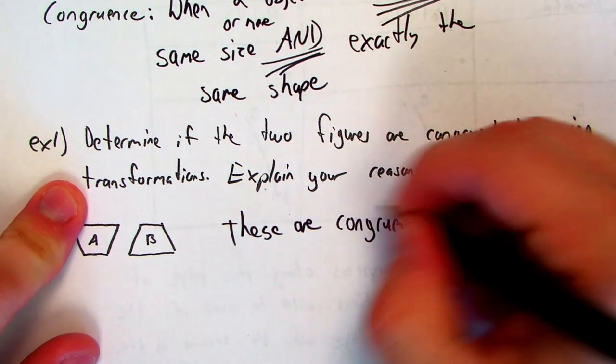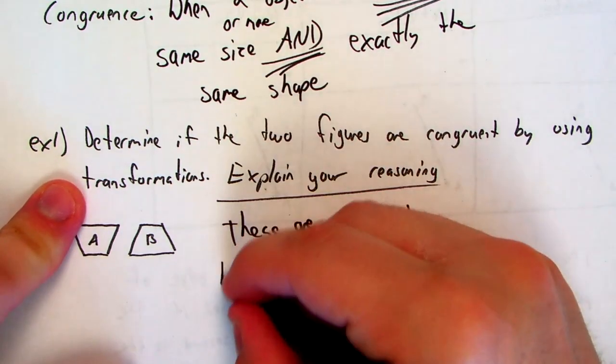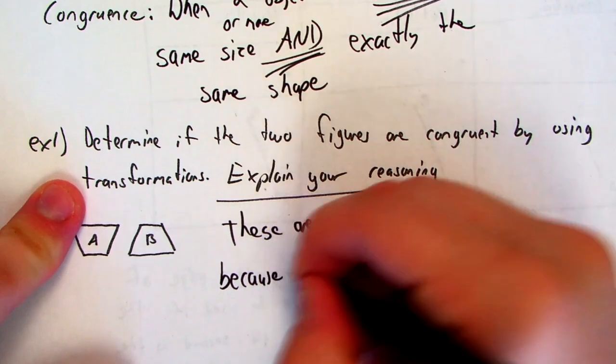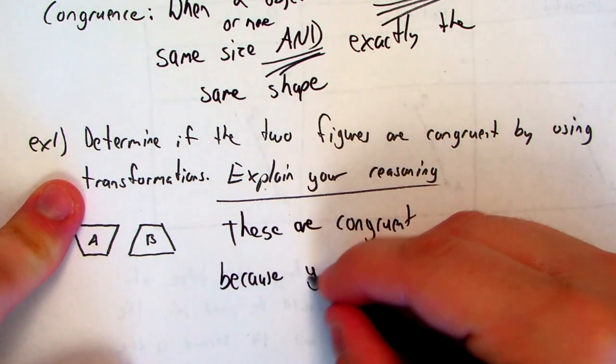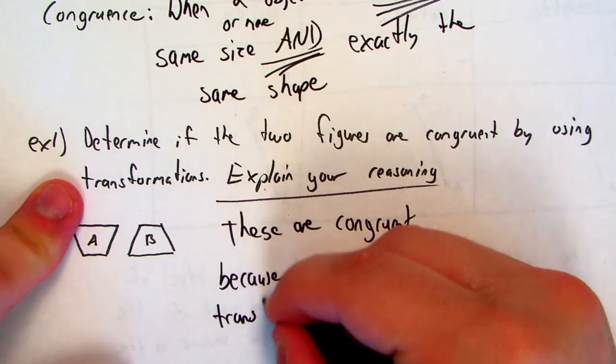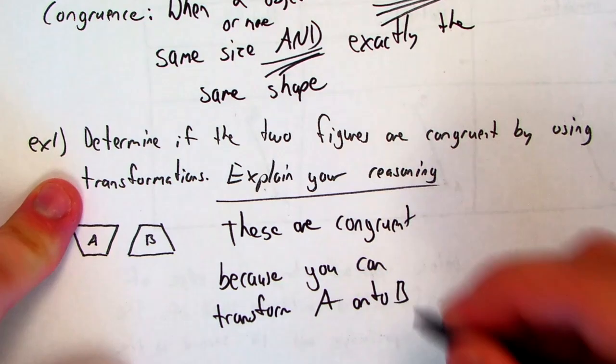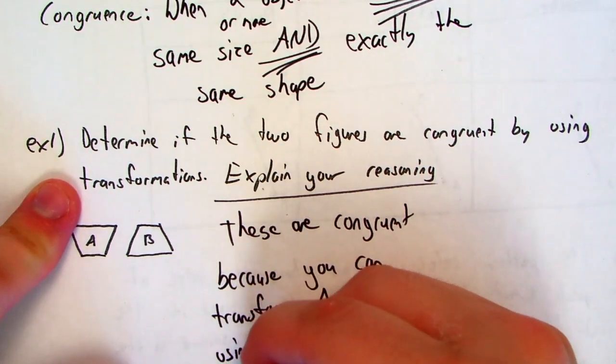And here's the important part, explaining your reasoning, because you can transform A onto B using a rotation.